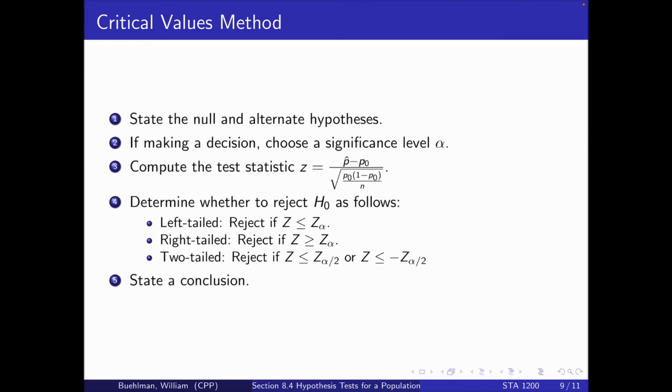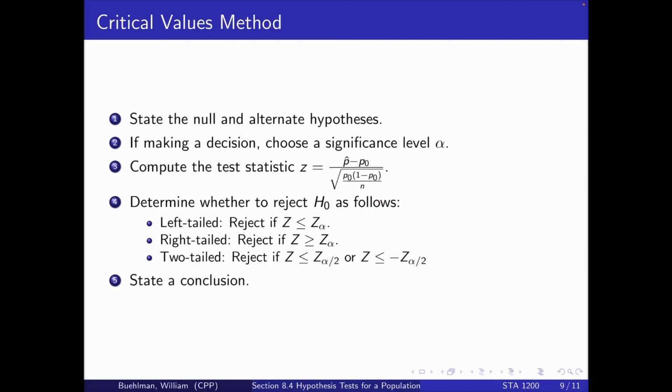What if instead of using the p-value method, we want to use the critical value method? This is how you do it. Again, you state the null and alternative hypotheses, choose an alpha, compute the test statistic z, and determine whether or not to reject the null. If it's left-tailed, we reject if the test statistic is less than or equal to the critical value.